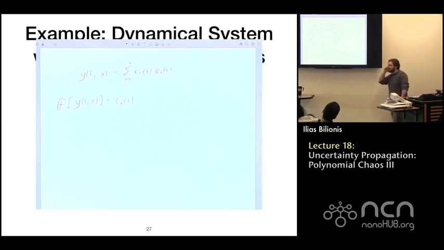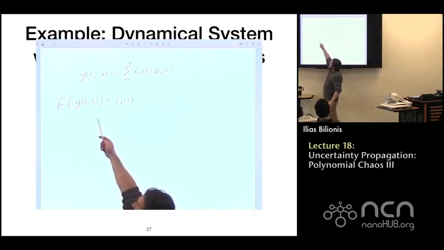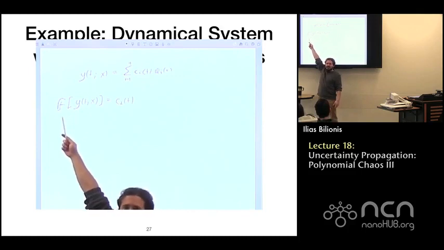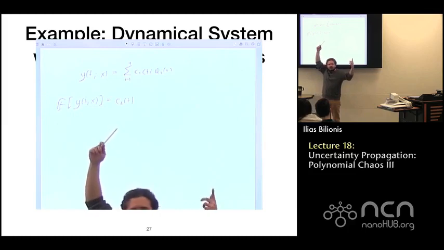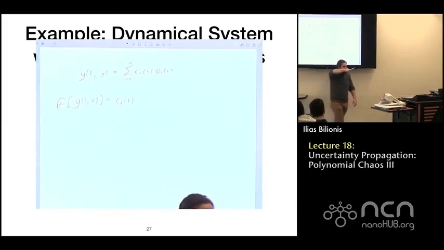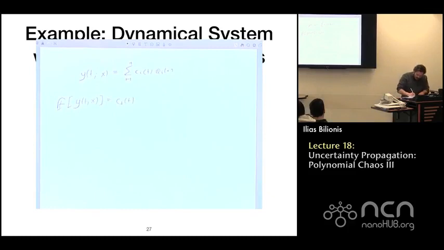The first coefficient gives you the mean, okay? Because the first orthogonal polynomial is just a constant. So when you take this expectation, it is basically as if you take the inner product of y with the constant orthogonal polynomial, and this is going to spit out C1. What about the variance? Yes. The variance is just the sum of all the squared coefficients except the first one. This is the variance.